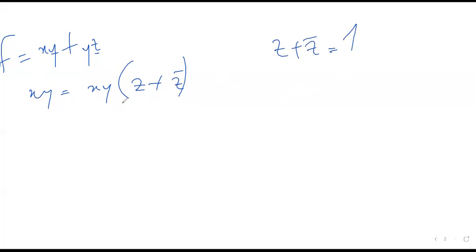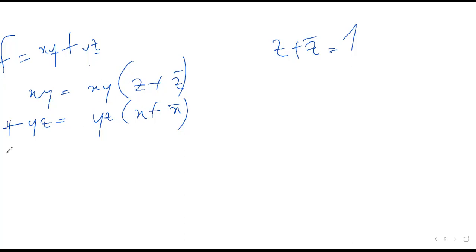So if we replace 1 with z plus z bar, it will be perfectly fine. Here we can have yz equals yz(x plus x bar).